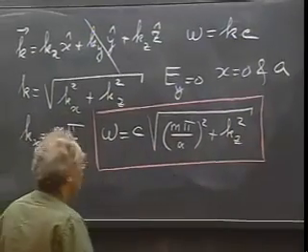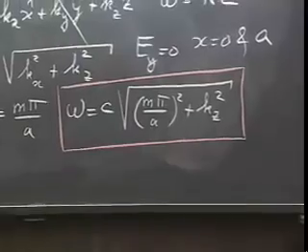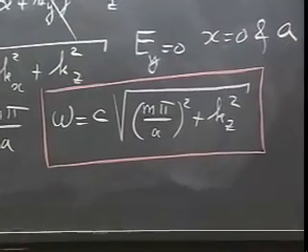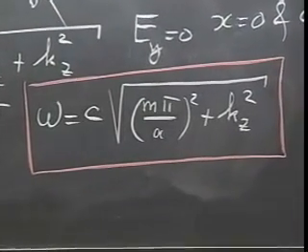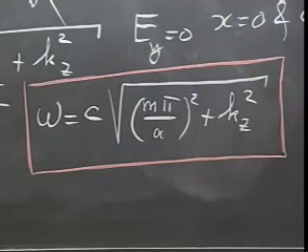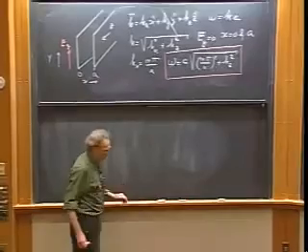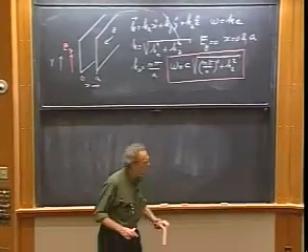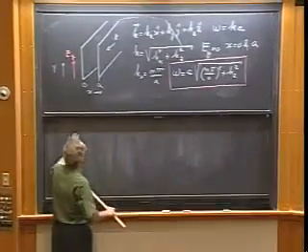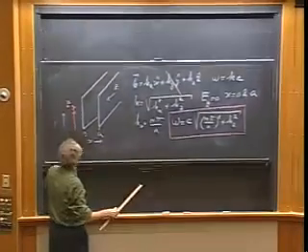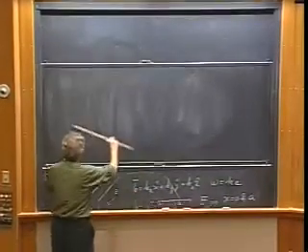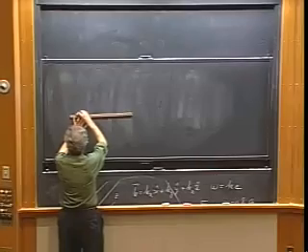This equation is responsible for a bizarre behavior. And the bizarre behavior can best be shown in a diagram which we call the omega kz diagram. I will raise this later again because I want to work over my head so that you can see what I'm doing.